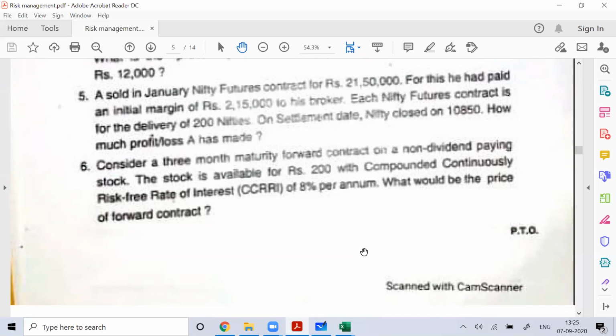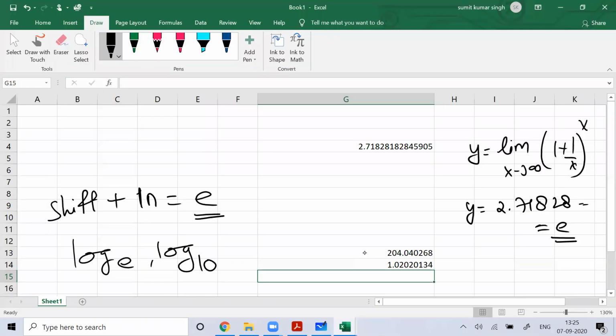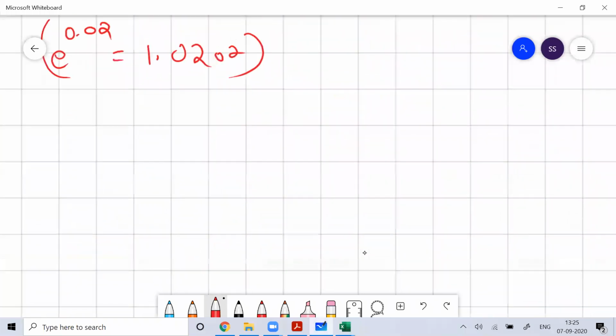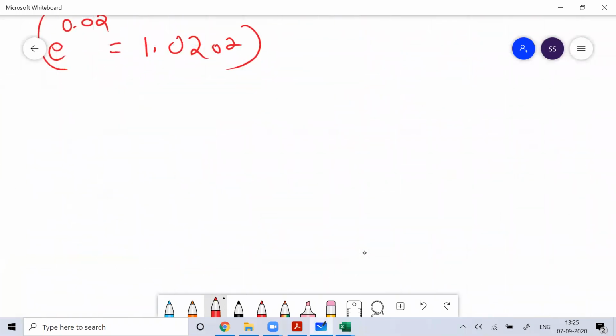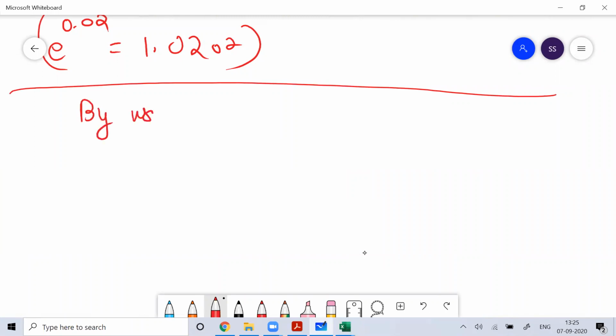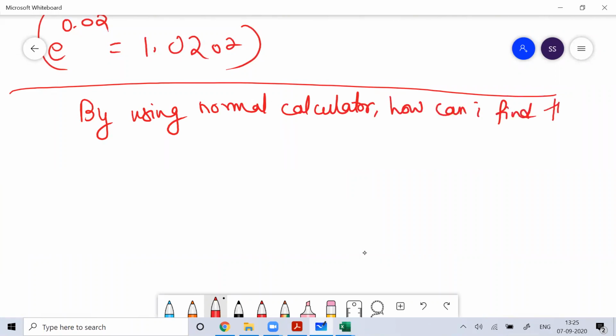So by using a normal calculator, how can I find the value of e to the power 0.02?